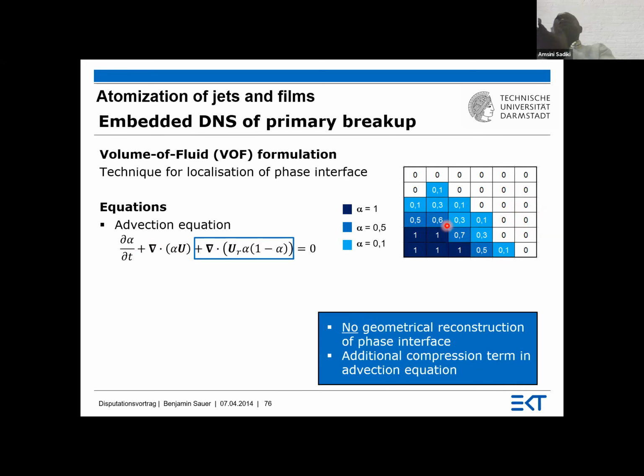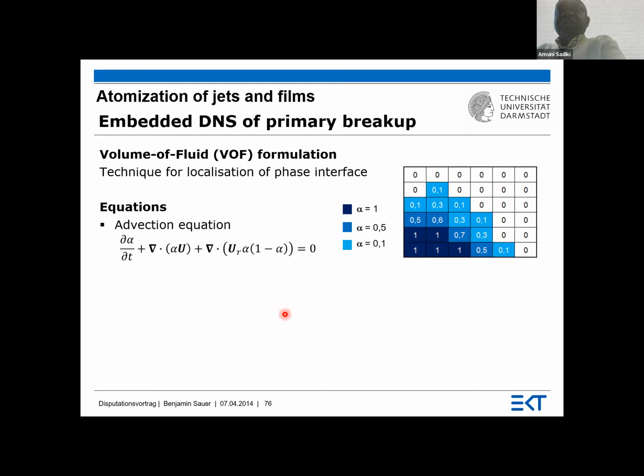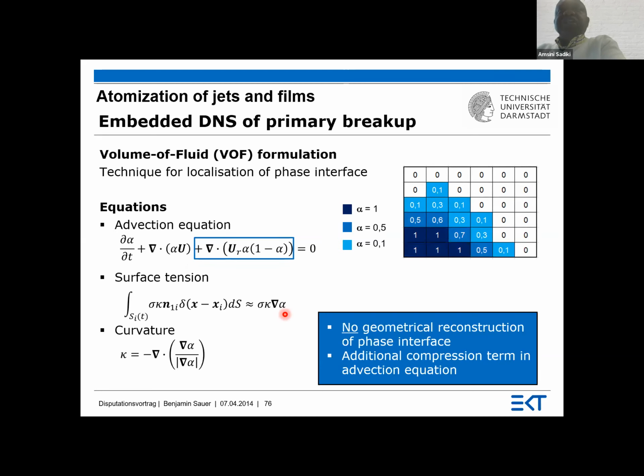And for that, we don't need a geometrical reconstruction of the phase interface. If we have this, we also define the surface tension. We write it as a function of alpha, and we put it in the equation we had before, and then we can define our surface tension using this curvature.